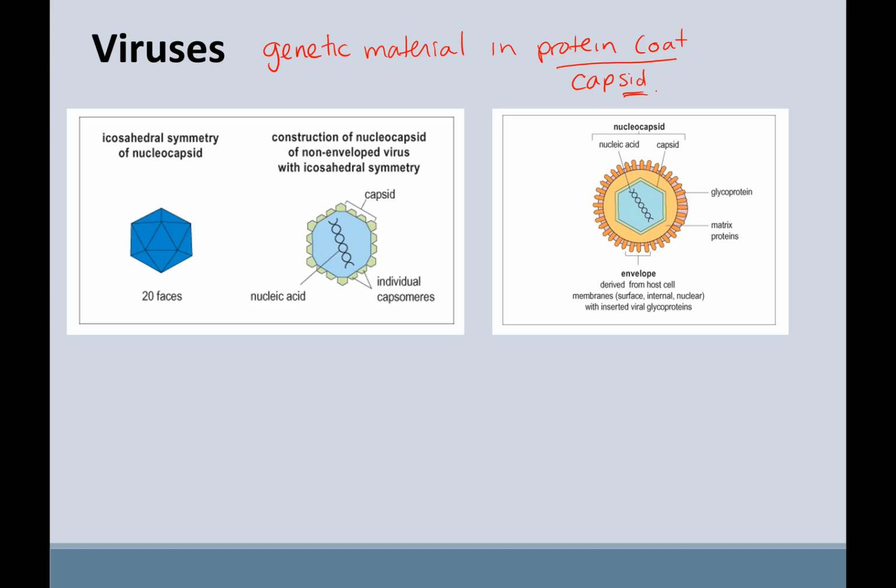And there are generally two different main structures of viruses. The ones over here we call naked because they are just genetic material inside this protein coat. And the genetic material can be DNA or RNA.